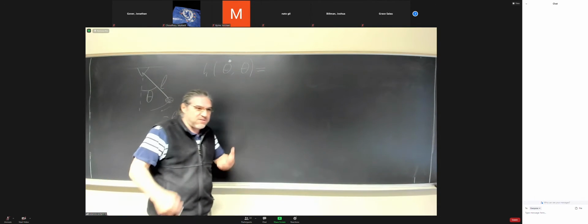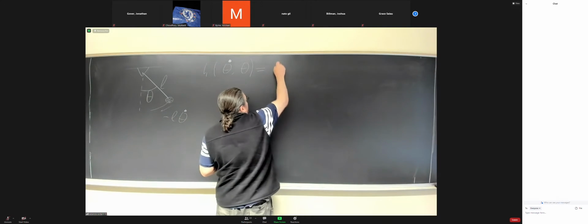Velocity is how fast the coordinate is changing, so velocity is always a derivative over time. That's how fast things change. Then it's m over 2 times the square of the velocity, so it's L squared theta dot squared.